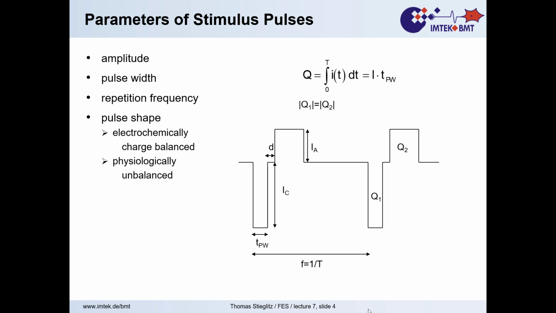the stimulus pulse. This is the one you will find most often, and we have to take care of the parameters. It might happen that other persons use them in a different manner. And that means it's always good if you talk to somebody.